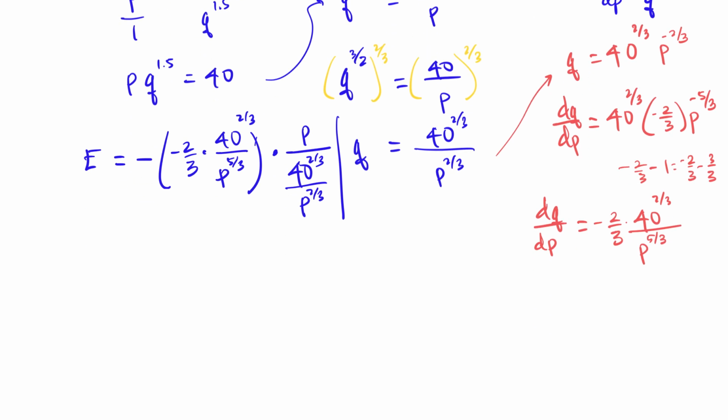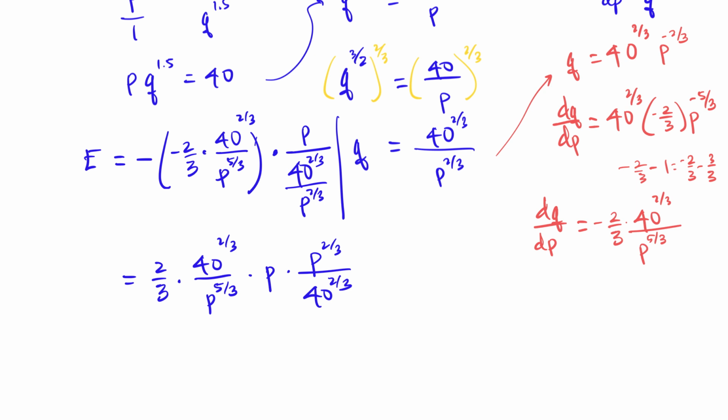Simplifying this, because this looks awfully complicated, negative times negative is positive, so we get 2/3 times 40 to the power 2/3 over P to the power 5/3. And with this complex fraction, we get P divided by a fraction. It is the same as P times its reciprocal. So P times P to the 2/3 over 40 to the power 2/3.